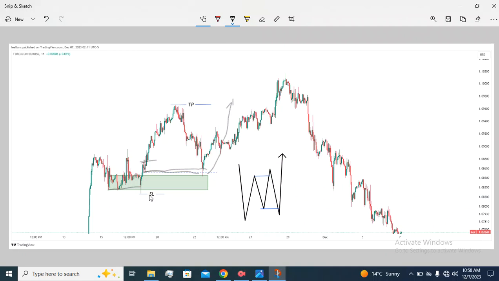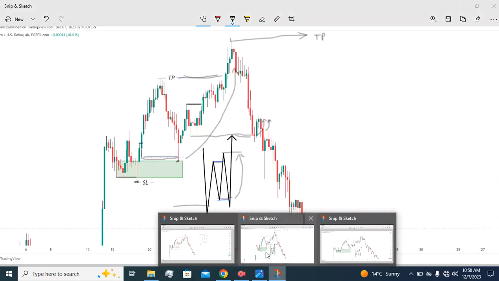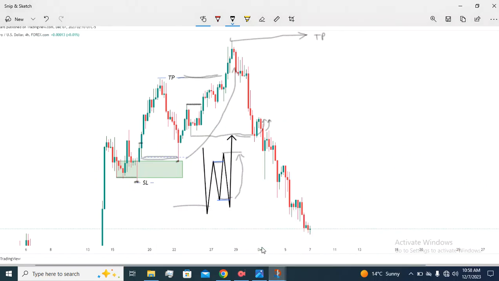Everything easy. Just take most of your time on the higher time frames, on the weekly, on the daily. Watch the market on the monthly, weekly, and the daily. 99% of your time, just be there and watch the behavior of the markets and try to spot out these patterns in all tradable assets.